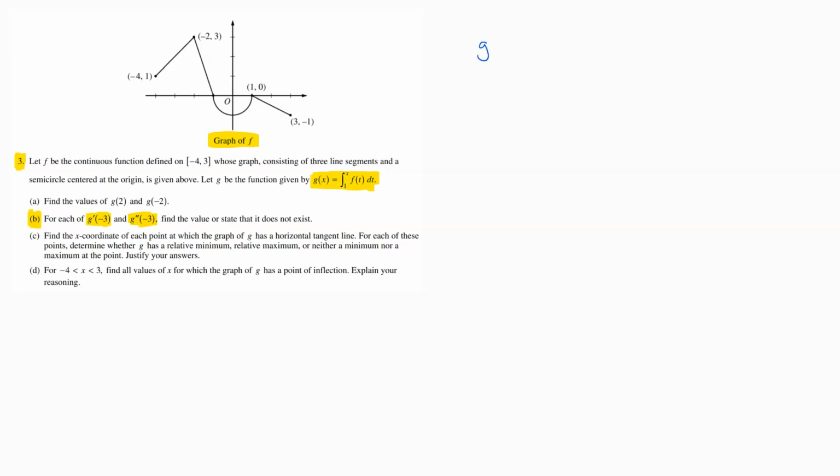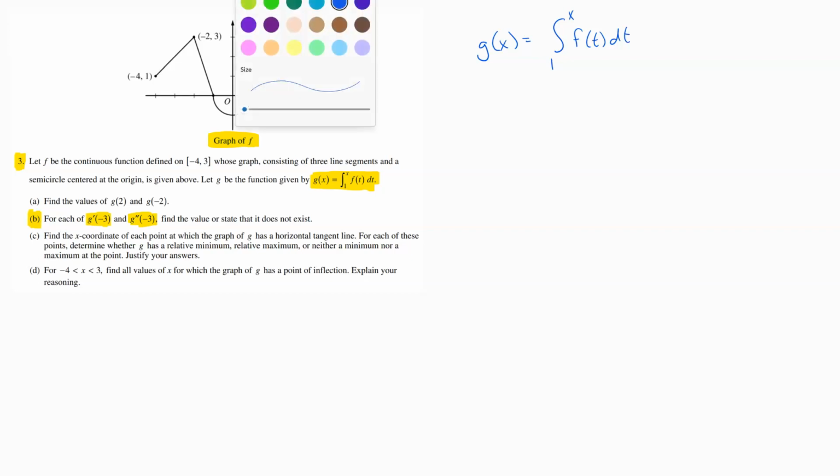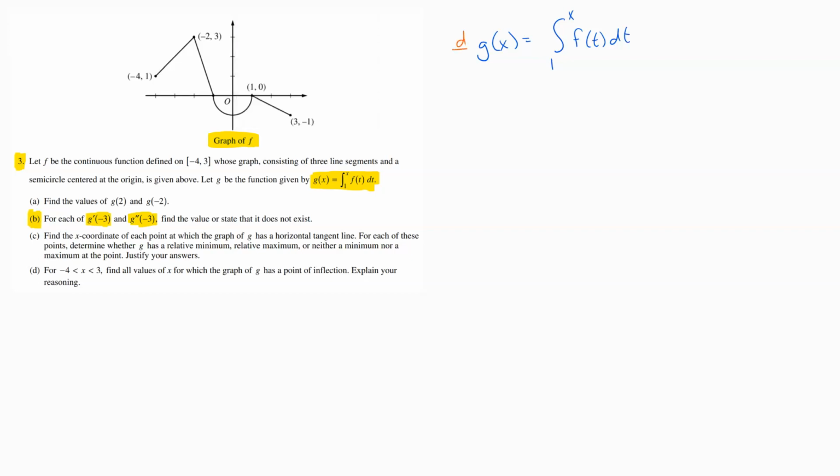So we know that g of x is going to equal the integral from 1 to x of f of t dt. To find the derivative here, we would take d/dx of both sides, and that would get us that g prime of x is going to equal... And what we have going on with this second half is the Fundamental Theorem of Calculus part 1.